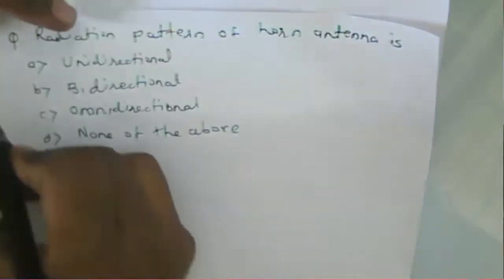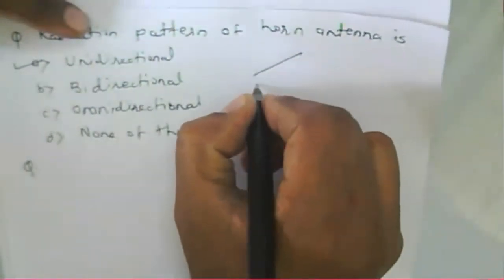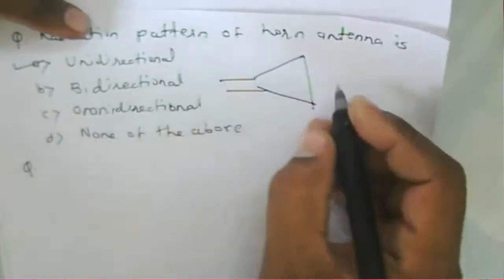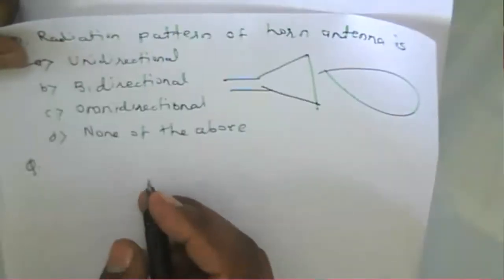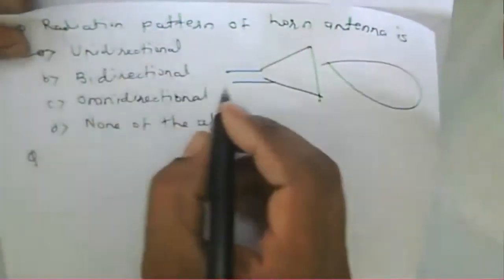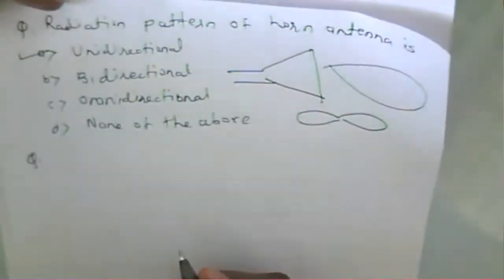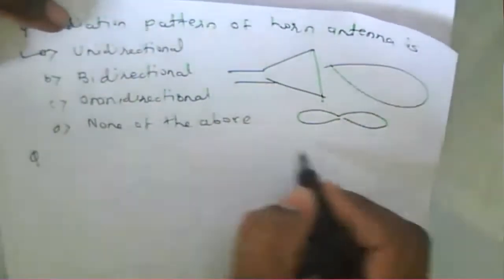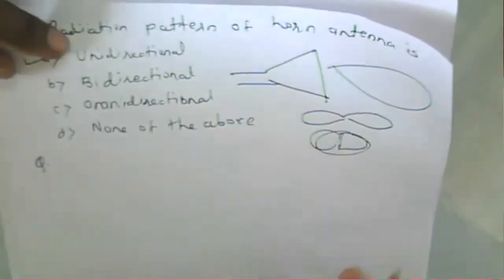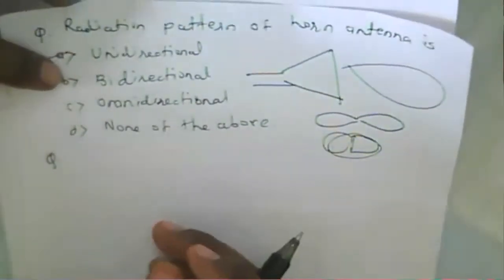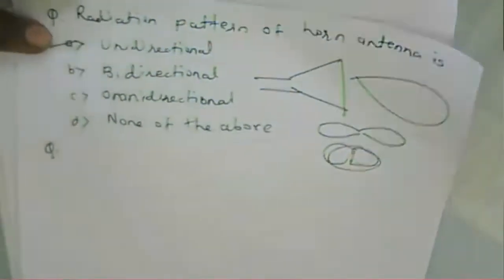What is the answer for this? Yes, it is A, correct. It is a unidirectional radiation pattern, since the horn antenna radiates in one direction. Bidirectional means the radiation pattern goes in two directions. Omnidirectional is just like a circle, like a dipole there.